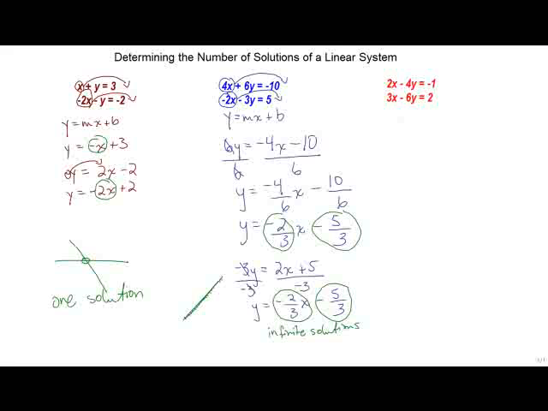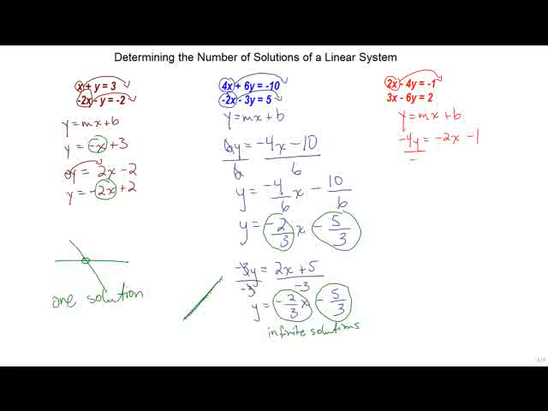Alright, last system, write it in slope-intercept form. We take our first equation and isolate our y variable again, so we take our 2x and move it across the equal sign. That's going to leave us with negative 4y equals negative 2x minus 1.